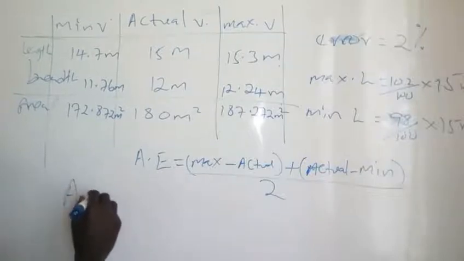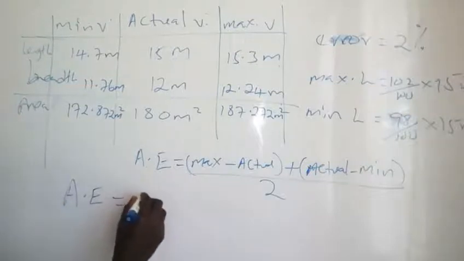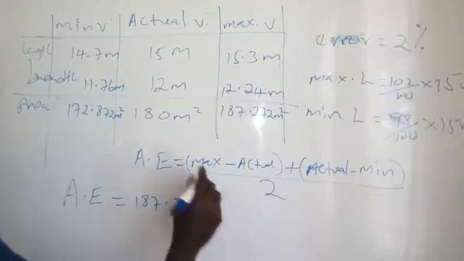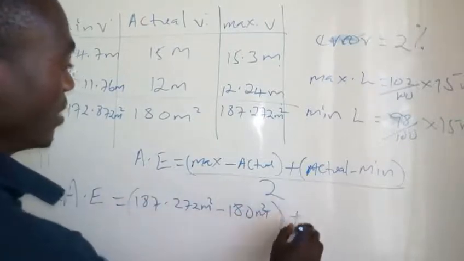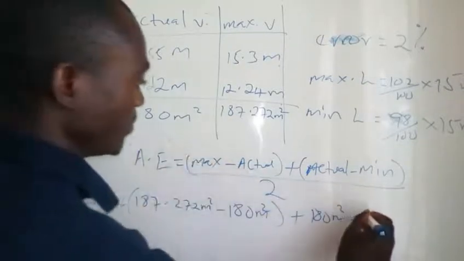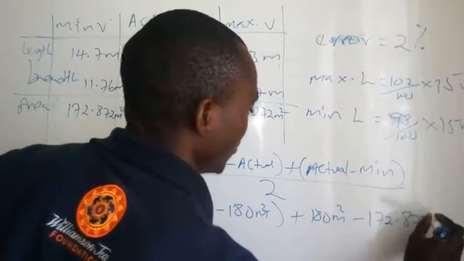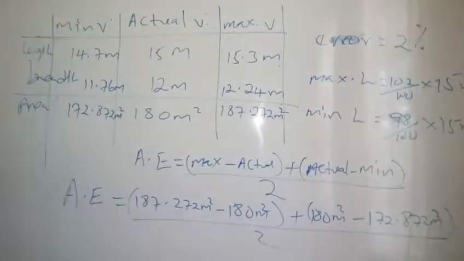So our absolute error here will be maximum, which is 187.272 meters squared, minus actual, which is 180 meters squared, plus actual, 180 meters squared, minus minimum, which is 172.872 meters squared. Then you divide that by 2.